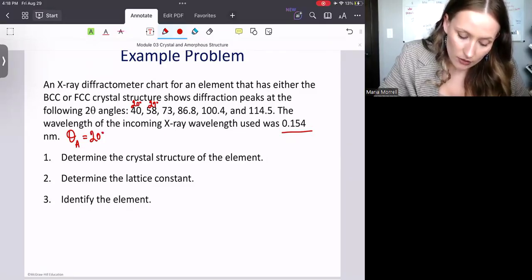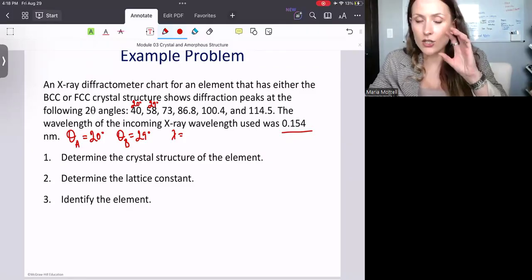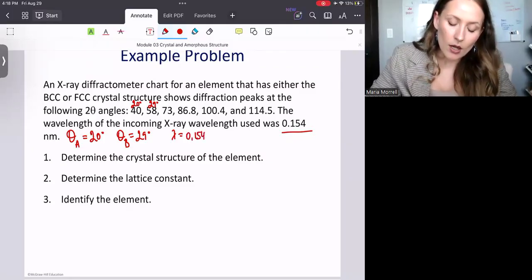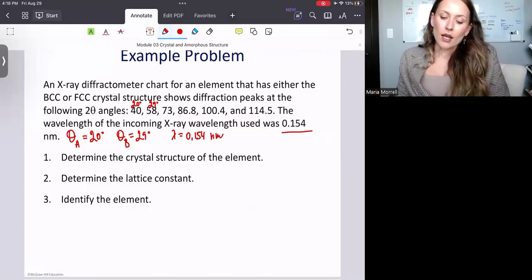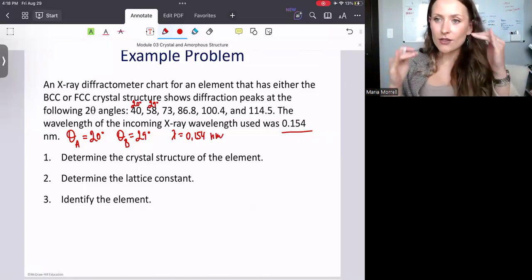The angle for the plane B is 29. And I know the wavelength that has been used, because this is something that you can actually set up manually, it was 0.154 nanometers.